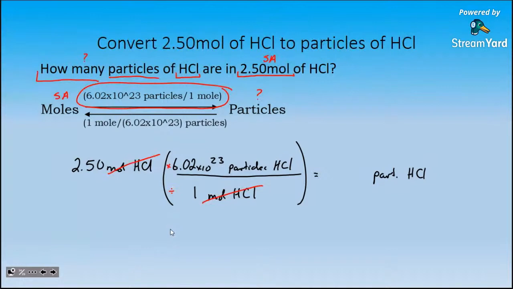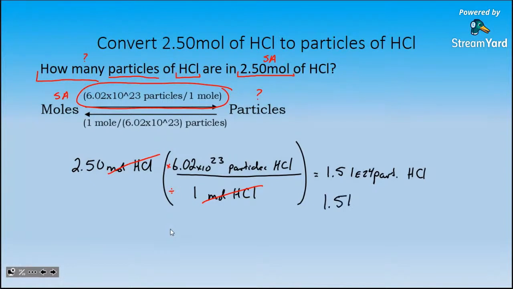Again, two different ways to do it in the calculator, either with the parentheses or with the exponent key, that second comma button. So I'm going to type in 2.50 times 6.02, second comma for the E, and then 23, hit enter, and I get an answer of 1.505 or 1.51, and then E24.